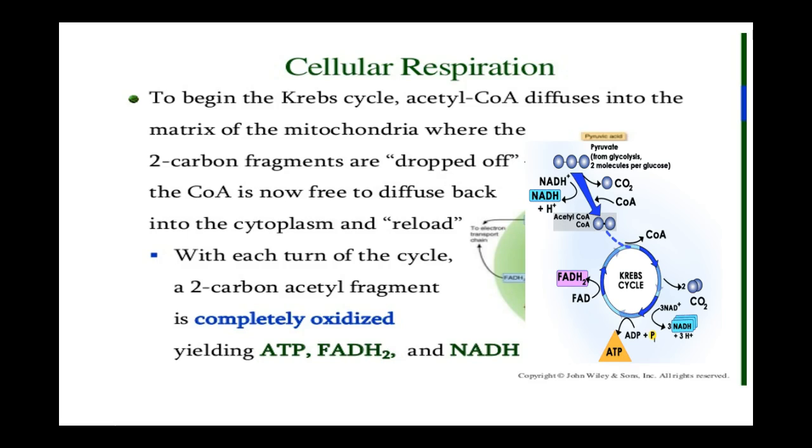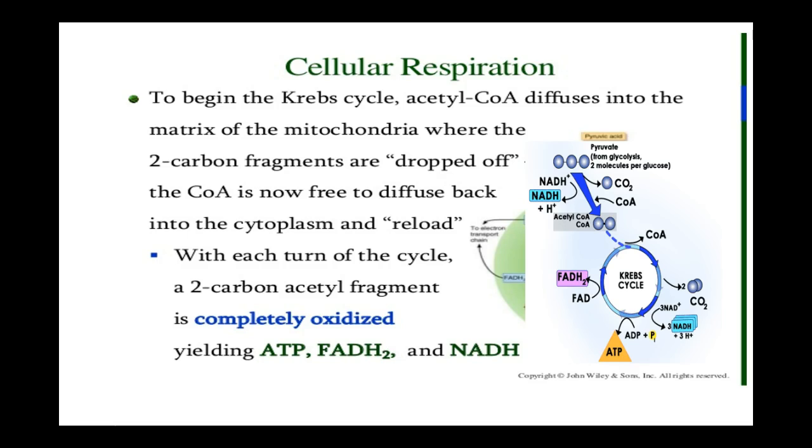And I had to put a picture over another picture because the one that I used originally wasn't very clear, so that's why it looks like this. But acetyl-CoA goes into the mitochondria. So everything prior to this happened in the cytoplasm.